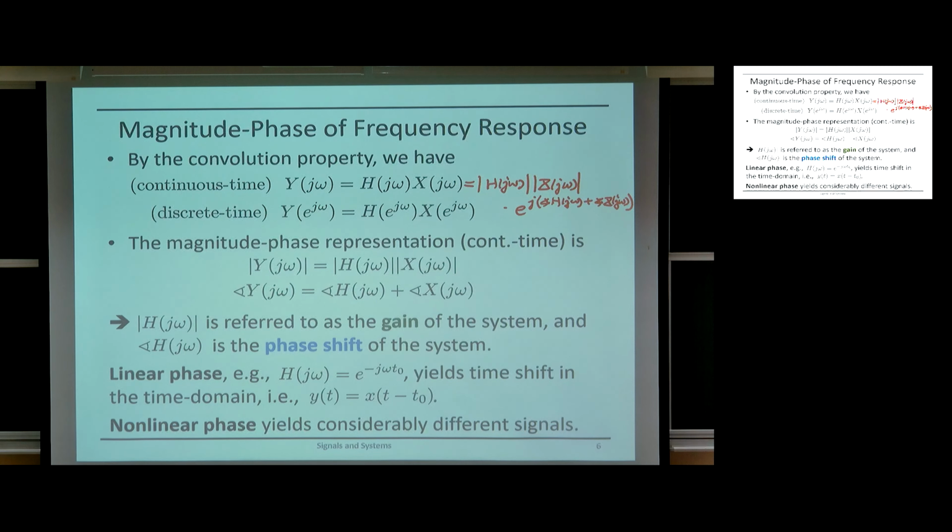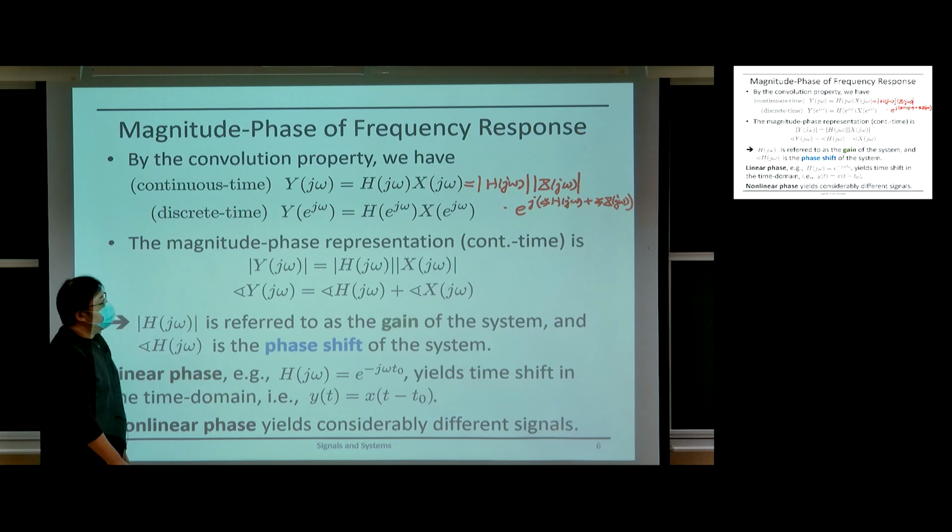So this means that when you pass a signal through a linear time-invariant system with frequency response capital H, the magnitude of the output is equal to the magnitude of the input times the magnitude of the frequency response. And the phase is the phase of the input plus the phase added by the system to get the phase of the output. Okay?